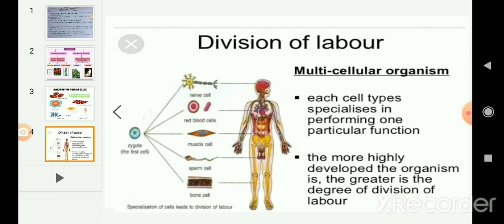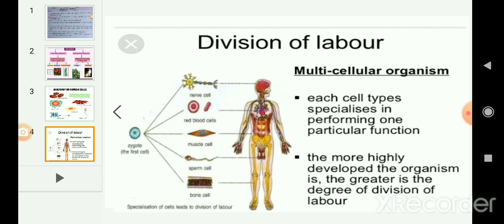And our next topic is division of labor. So what is the meaning of division of labor? In multicellular organisms, all cells do not perform the same function because the body structure is complex.